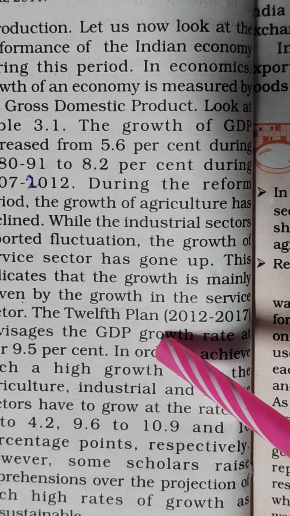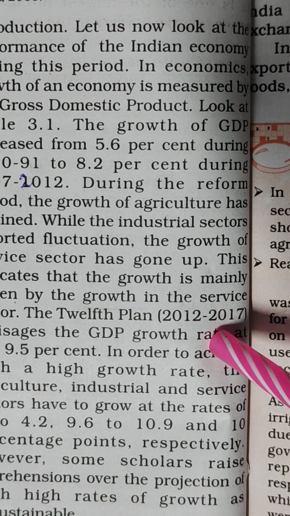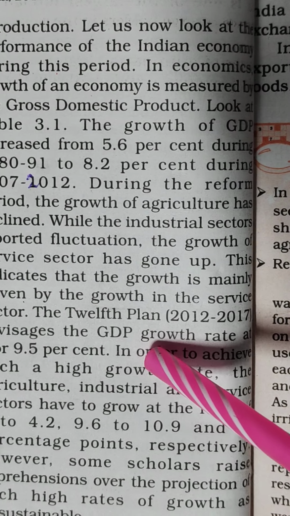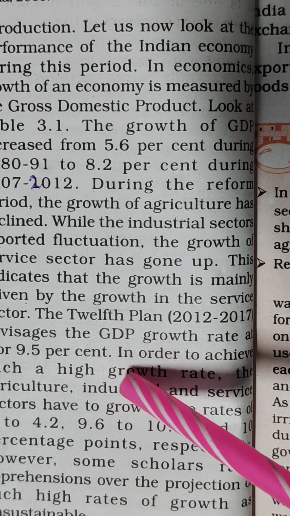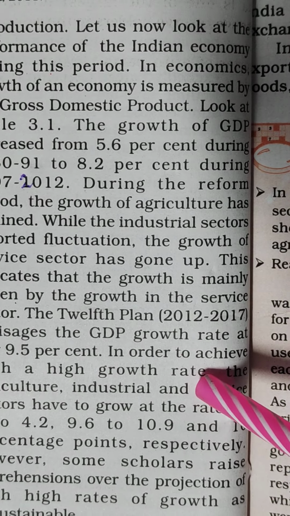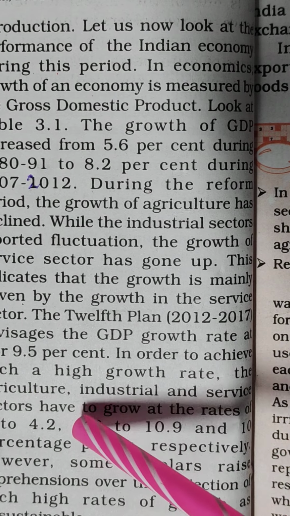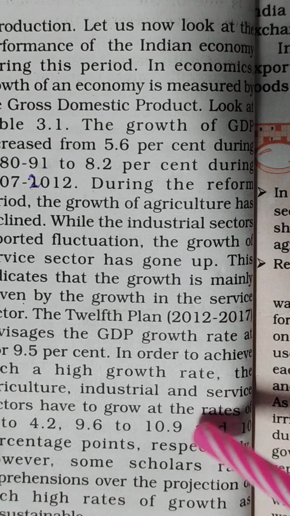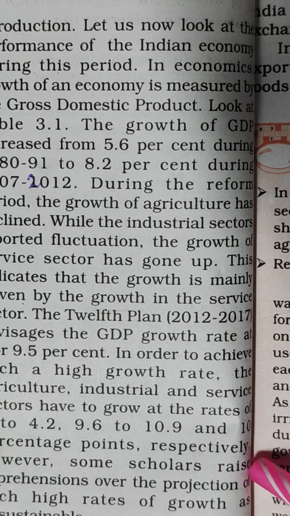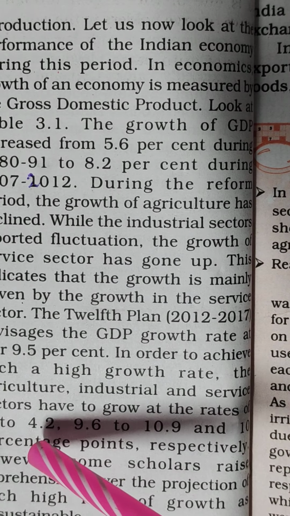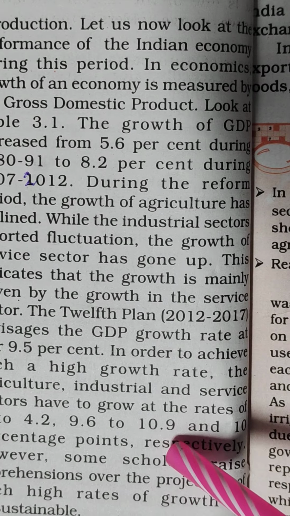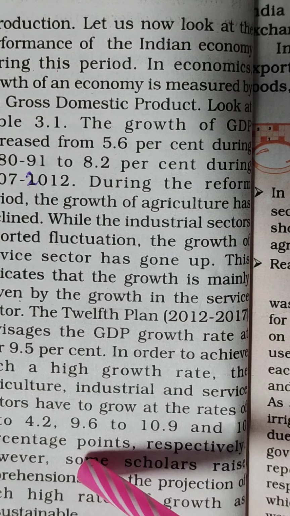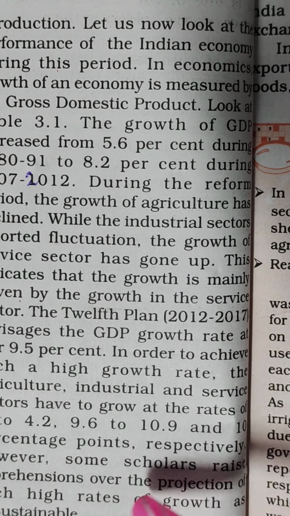The 12th plan, that is 2012 to 2017, envisages the GDP growth rate at 9 or 9.5%. In order to achieve such a high growth rate, the agriculture, industrial and services sectors have to grow at the rates of 4 to 4.2, 9.6 to 10.9 and 10 percentage points respectively.